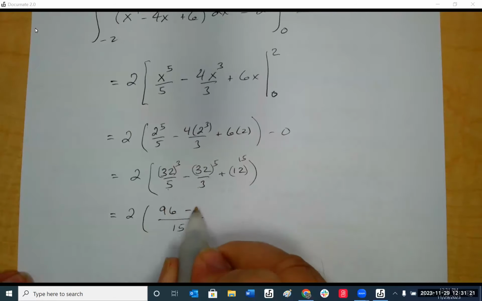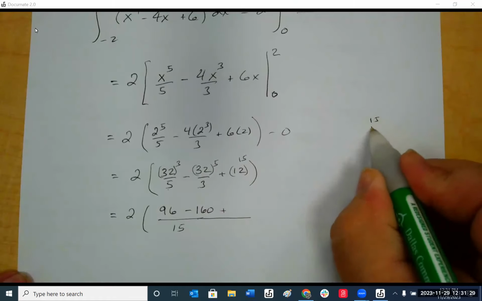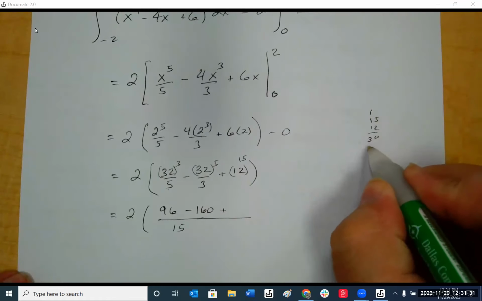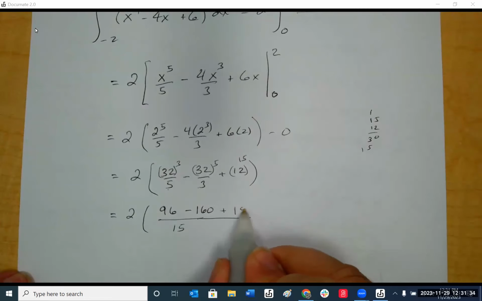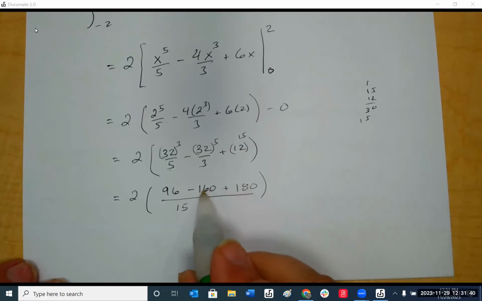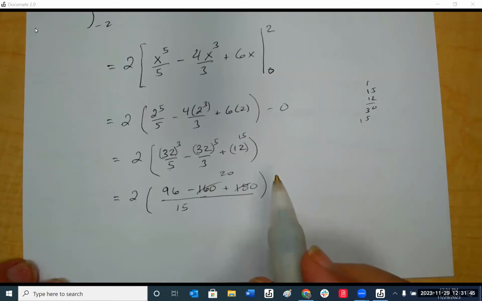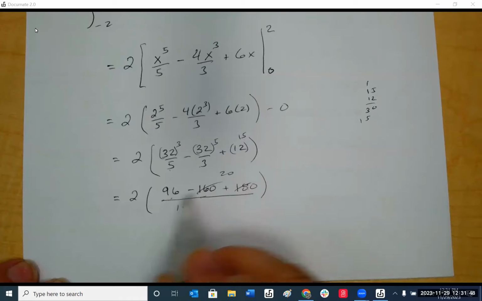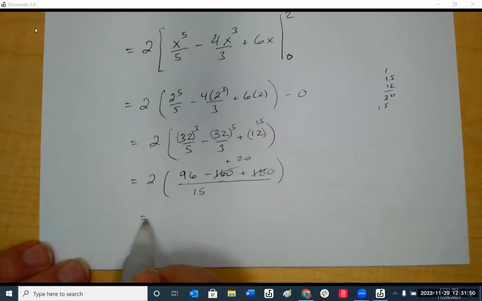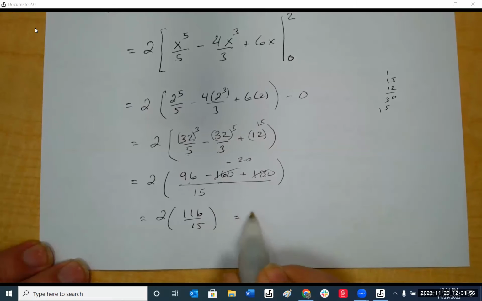Maybe 96, 160, 180. So 180 minus 160 is 20, and this is positive 20. So that's 2 times 116 over 15, which is 232 over 15.